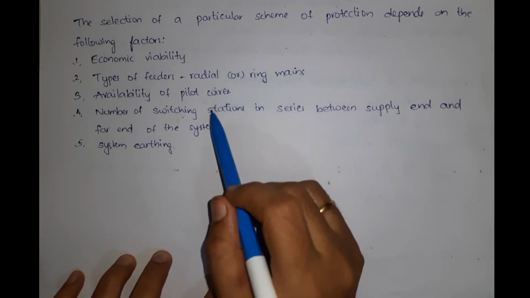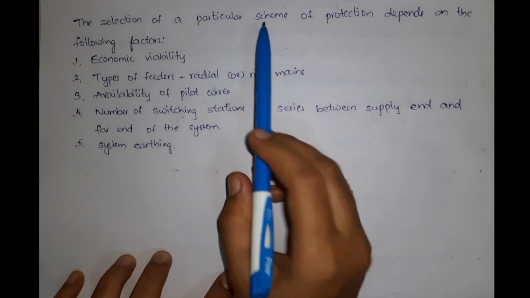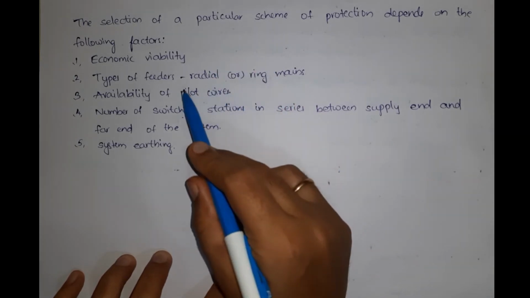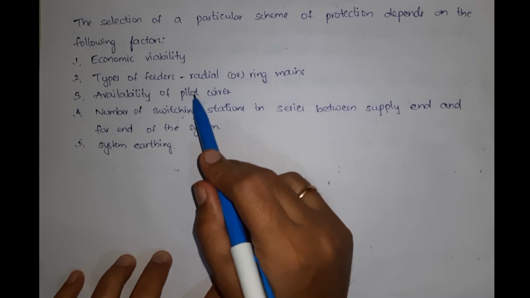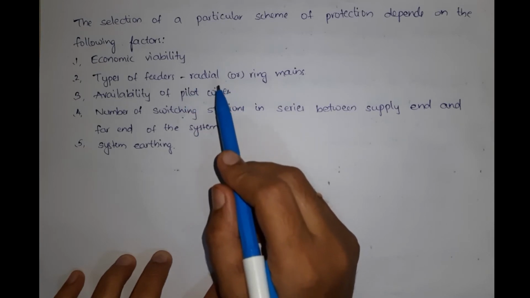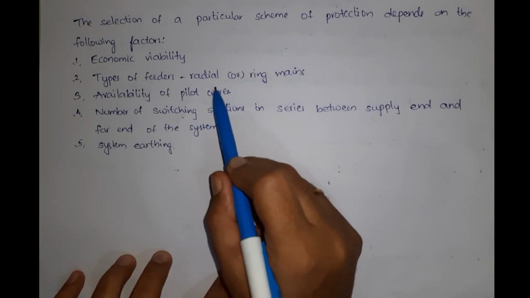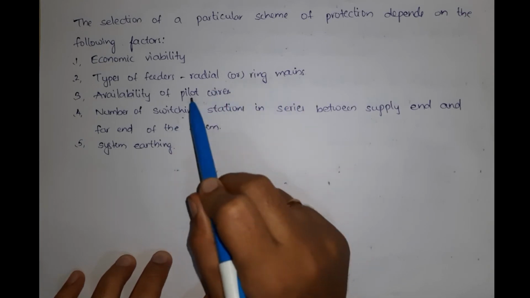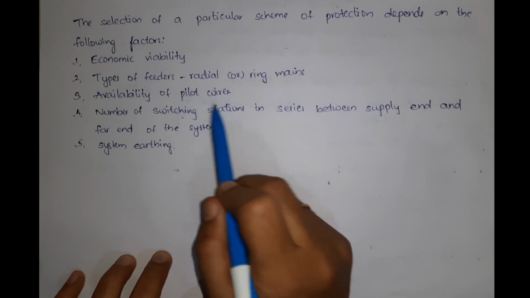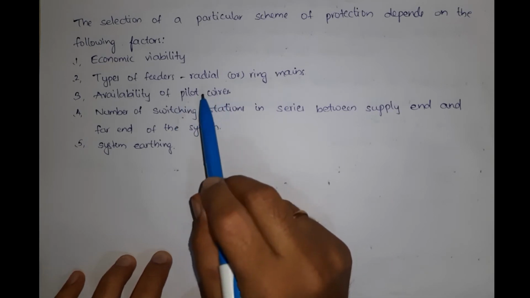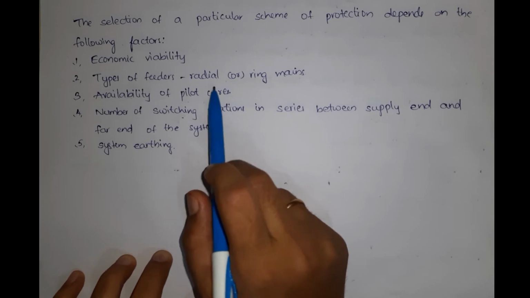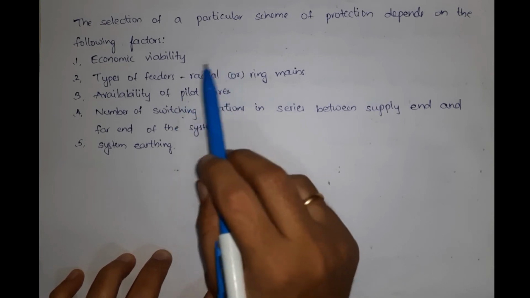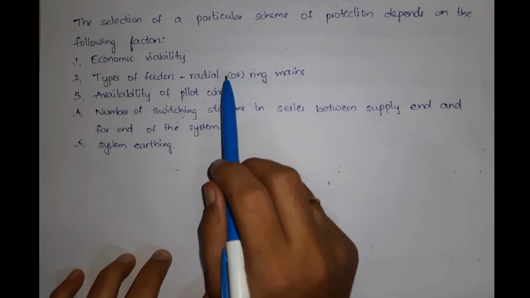The next factor that affects the selection of the protection scheme is availability of pilot wires. As we have seen in the protection of alternators and transformers, in the differential protection scheme we need pilot wires. For how long you are using this differential protection, how long you need to take the pilot wires, and is it economically beneficial compared to the unit that needs to be protected?